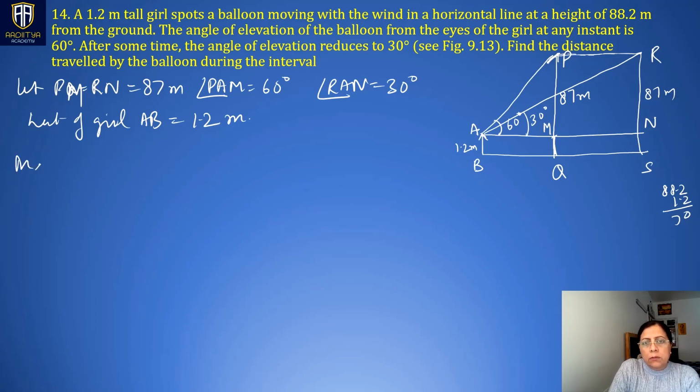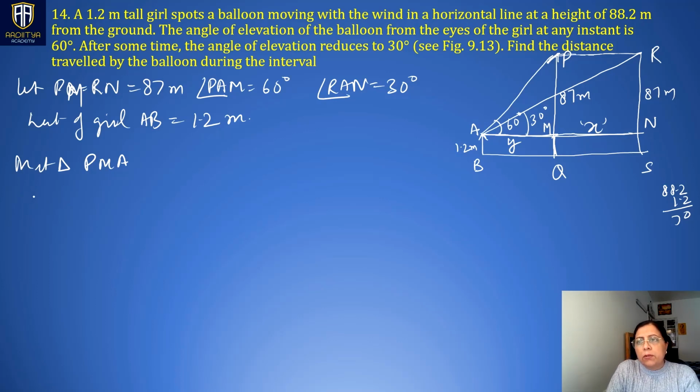Now in right triangle PMA, let the previous distance between the balloon and the girl be y, and the balloon has covered a distance of x meters, so that the angle changes from 60 to 30.